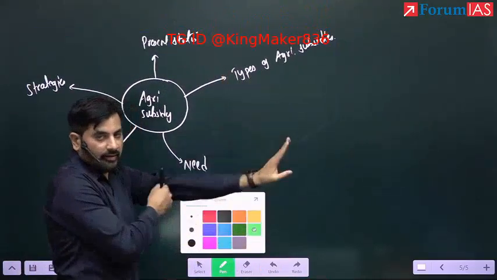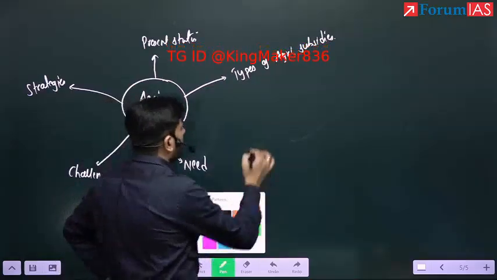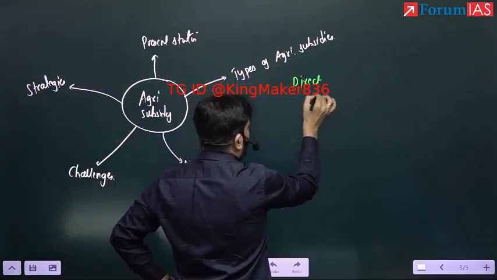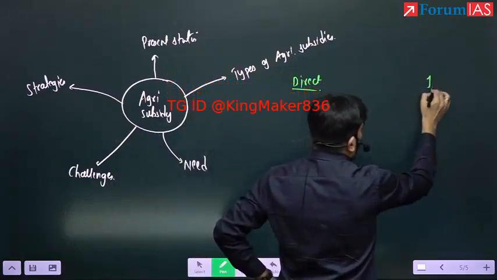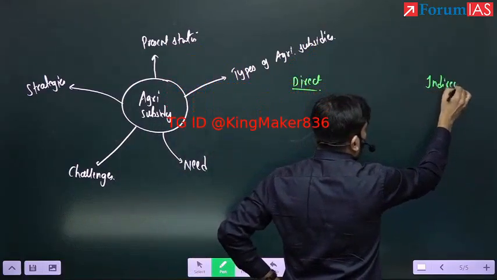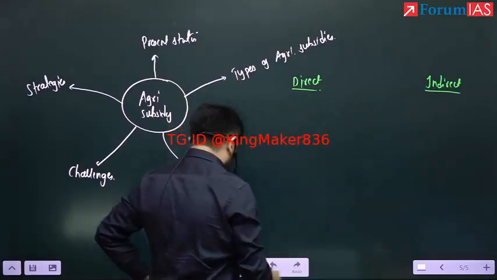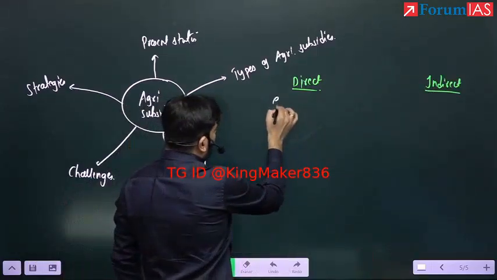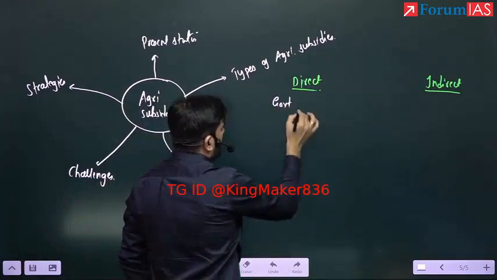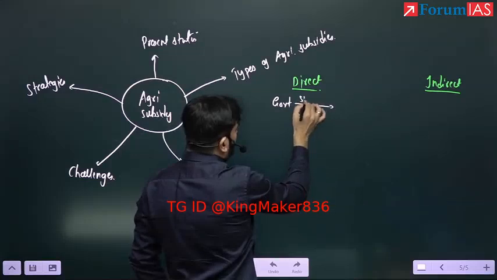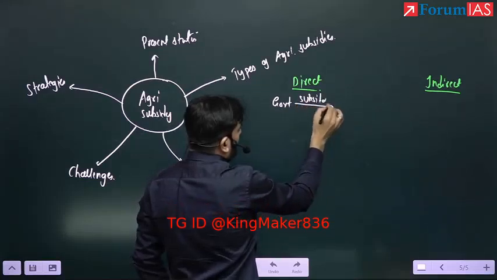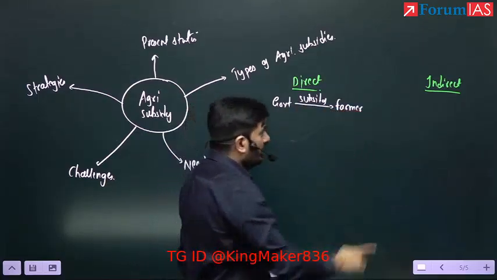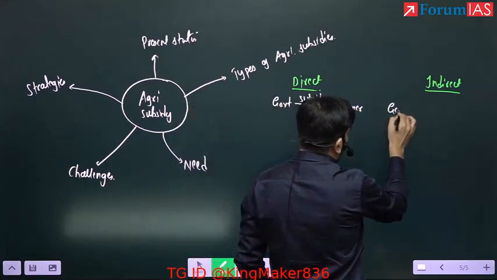Here, concentrate. When we say types of subsidies, we can have one type which is direct, and the second type is indirect. If I can show you in terms of diagram, it's like you have a government. Government is giving subsidy directly to a farmer. In case of indirect, you have government.